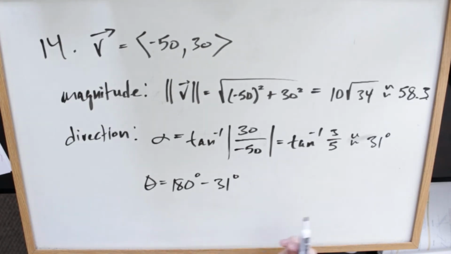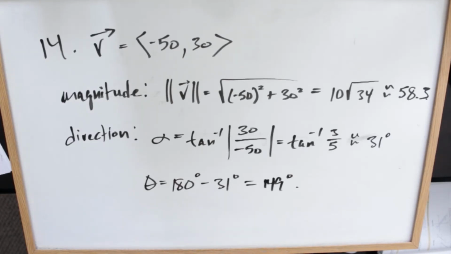And this right here only gives us the other one. So it gives us the angle from the x-axis up to the vector in the second quadrant. So we actually need the opposite side. That's why this is the reference angle. So this is going to be 149 degrees. Okay.